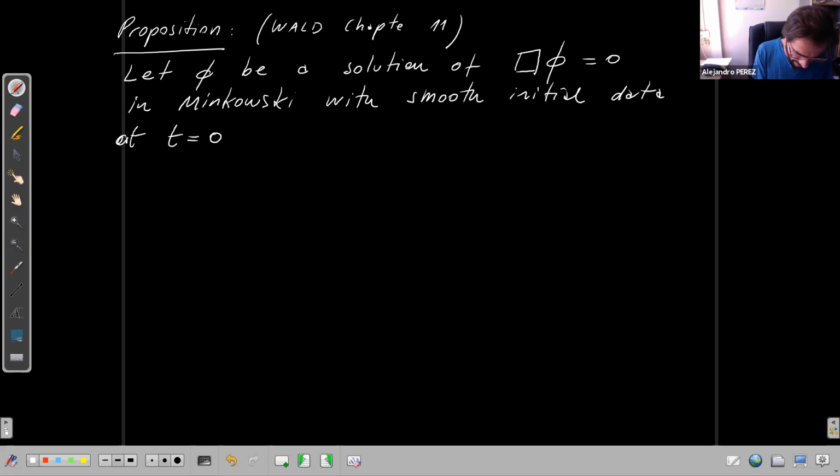Smooth initial data means that we are providing phi and phi dot at t equals 0. And we assume that these data are of compact support.